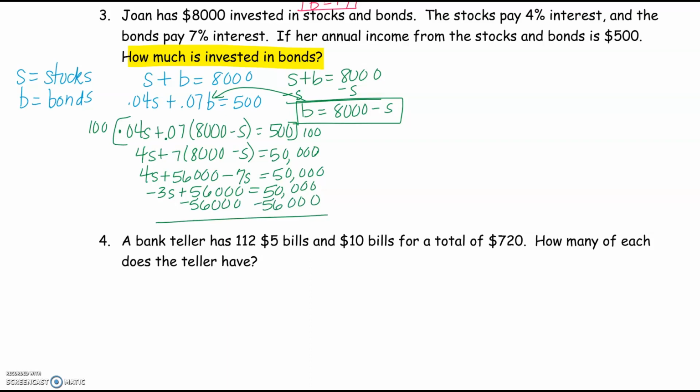And I get negative 3S equals negative 6,000. Divide by negative 3. This actually just found my stocks. So it was probably best to solve this in terms of S, that top equation, then you would have had your bonds.